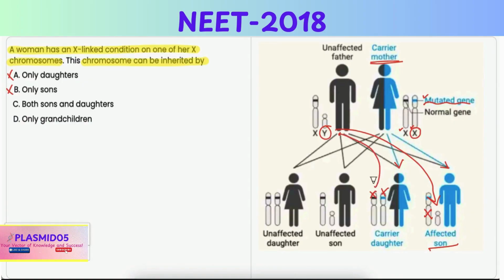So if the mother carries an X-linked condition on one of her chromosomes, she can pass that chromosome to both her sons and daughters. Thus, it is the correct option. Option D, only grandchildren, is also incorrect because the X-linked condition is inherited directly from the woman to her children, not just to her grandchildren.